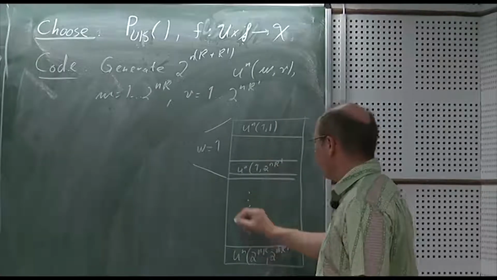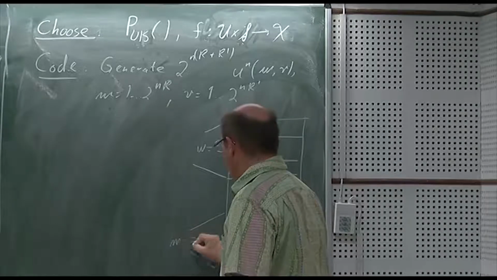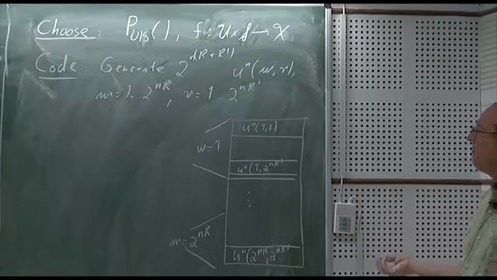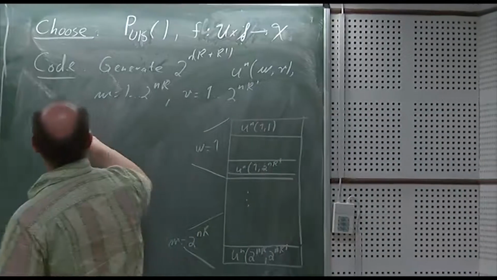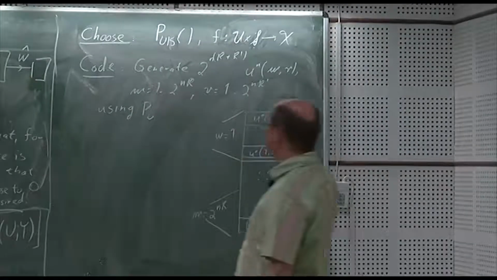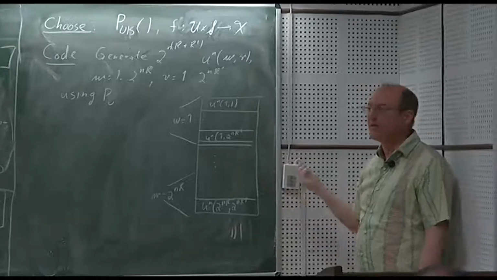We'll just look at the first one to keep things simple. Okay, so that's our code construction using P_U. It's exactly the same construction. Choose every letter of every codeword statistically independently with P_U.